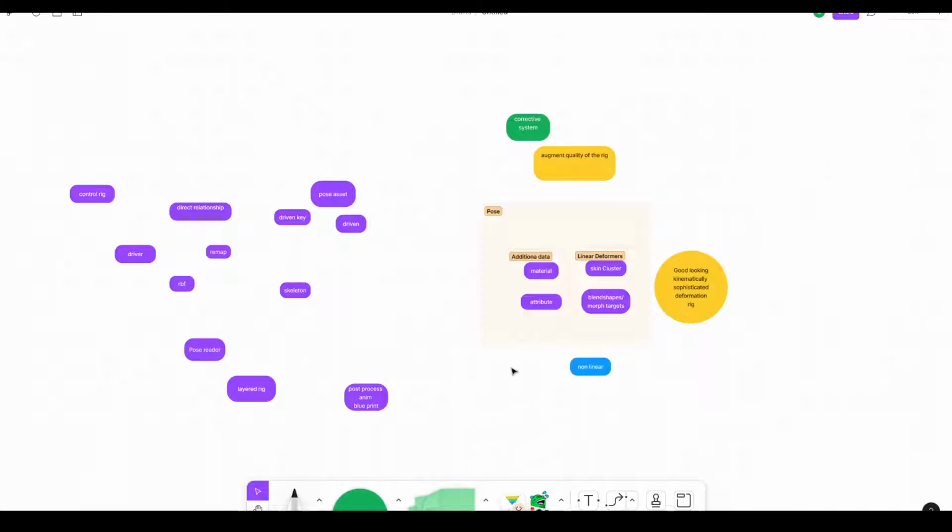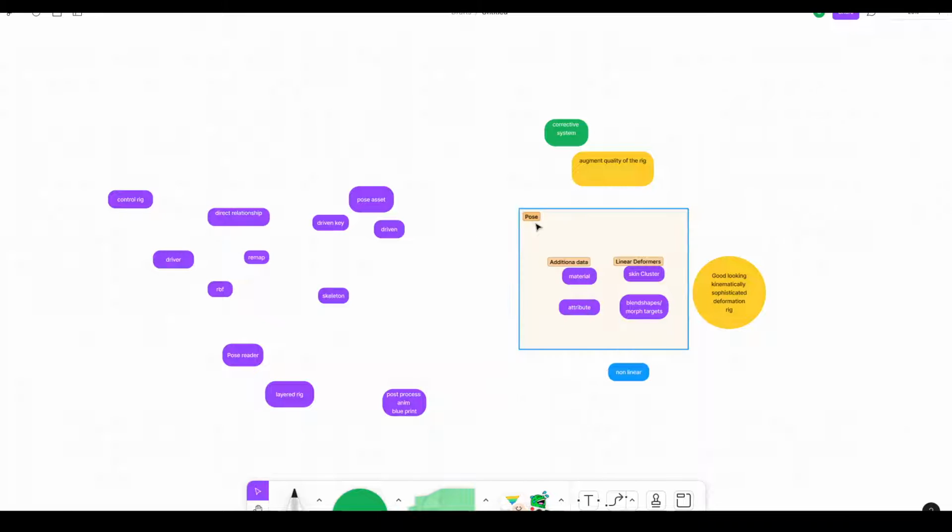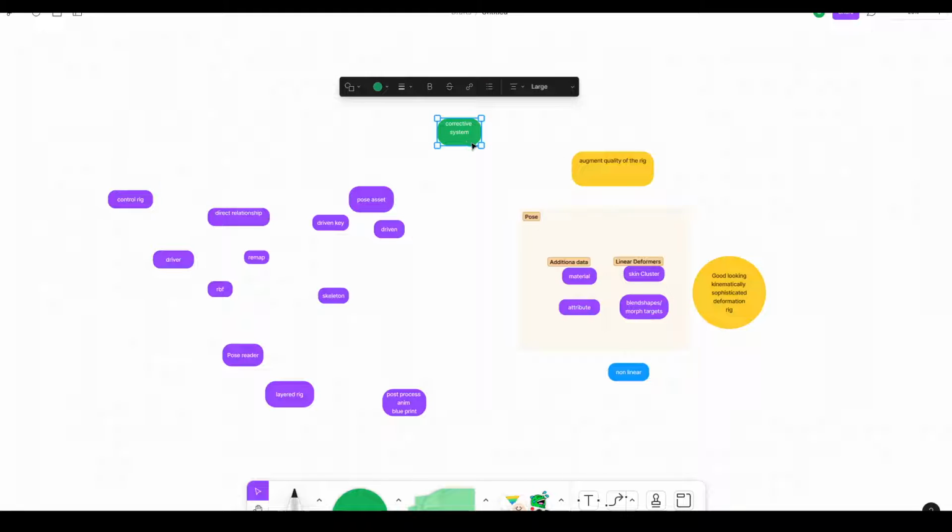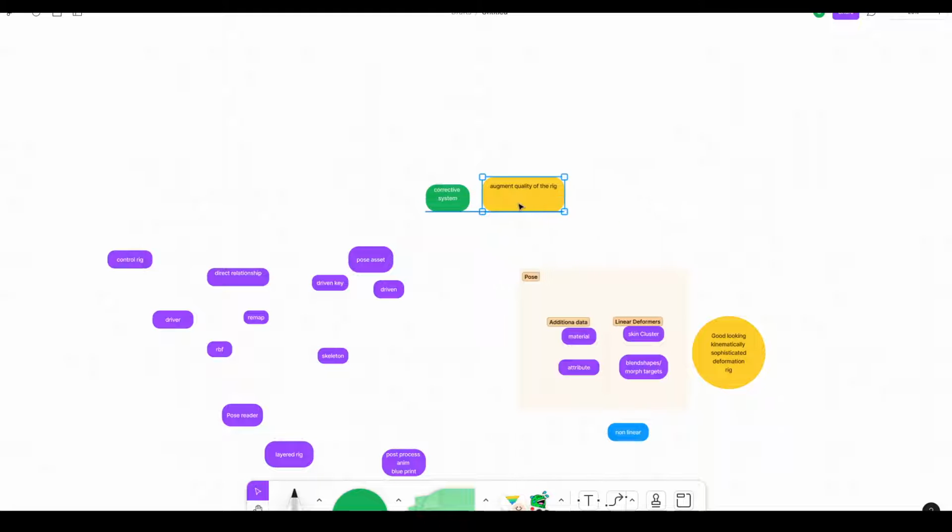Good. Okay, the pose can be triggered by a value which goes from 0 to 1, exactly like a morph target. That's great. Okay, now how do we drive this pose? And this is part of the corrective system, and or to augment the quality of the rig.